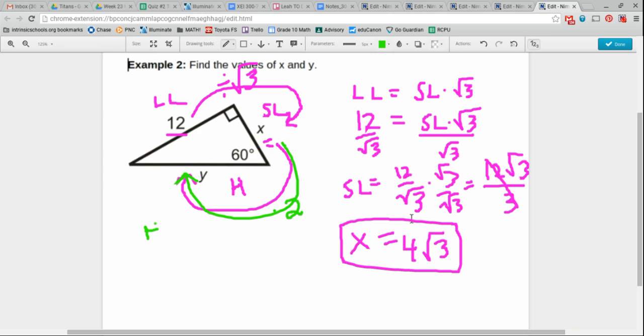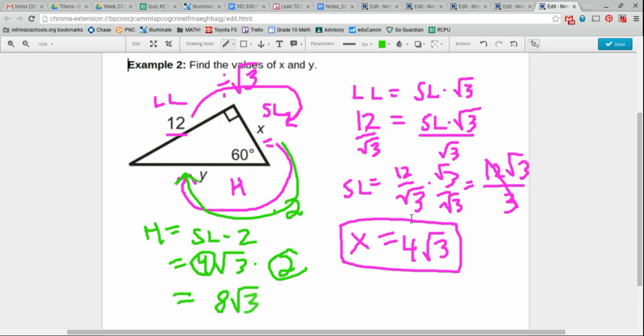So if I write this out, hypotenuse is equal to short leg times 2. So that would be 4 rad 3 times 2. Remember, multiply the 4 and the 2 together. You'll get 8. So the hypotenuse, which is Y, is going to be 8 rad 3.